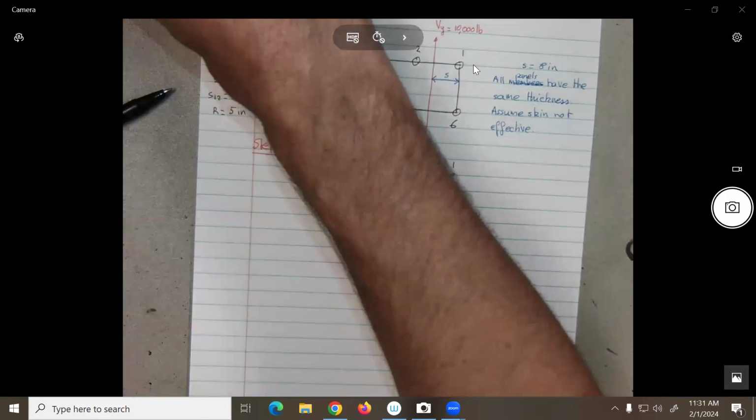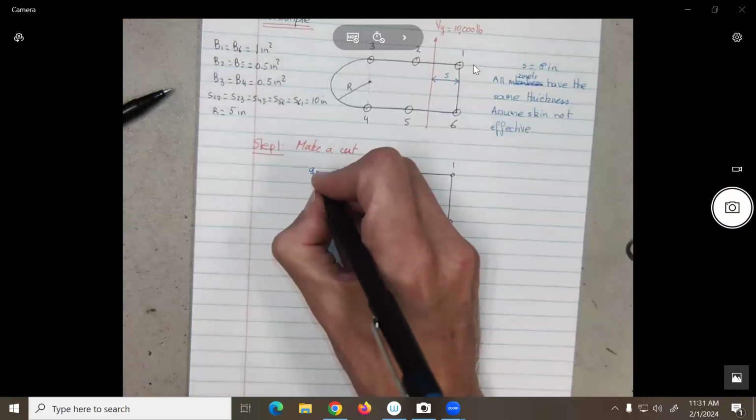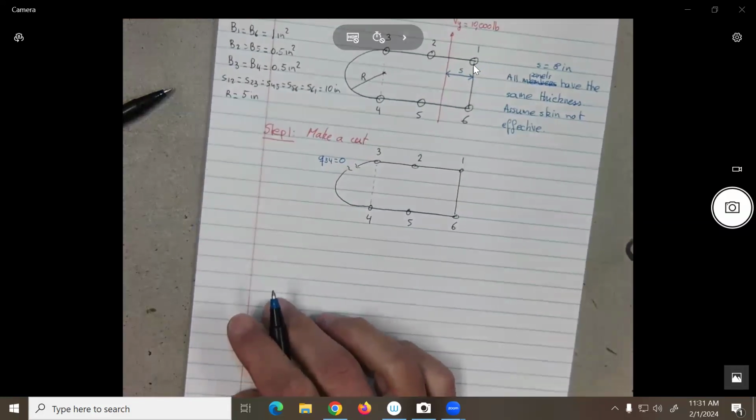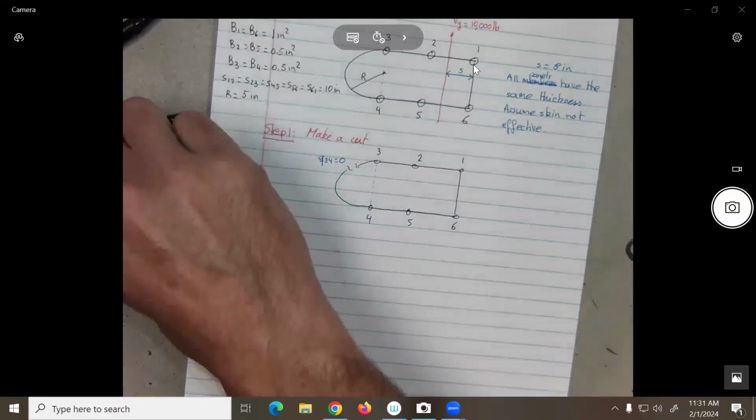If I make a cut over there, what does that mean for Q34? Q34 will be 0.